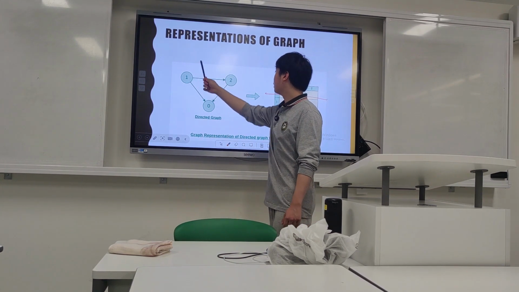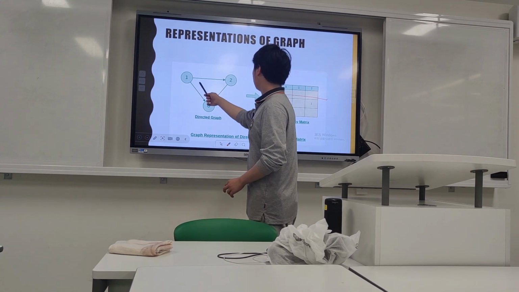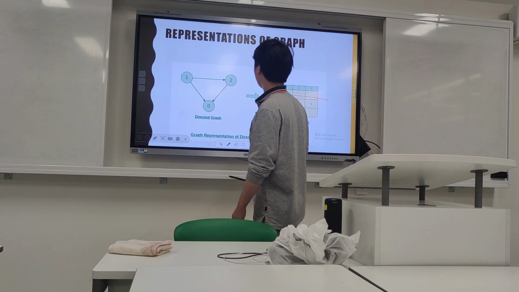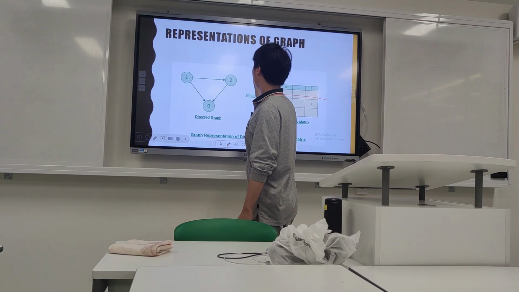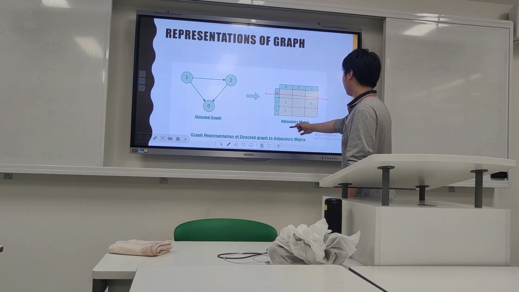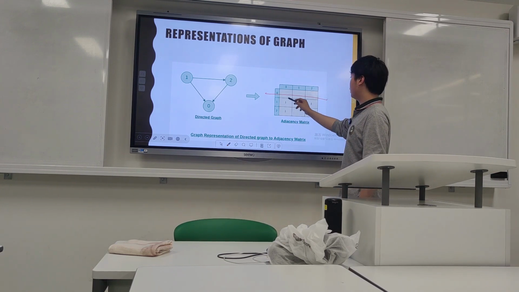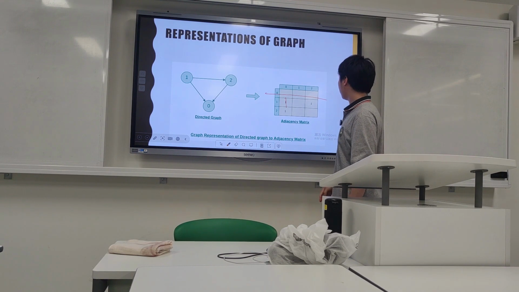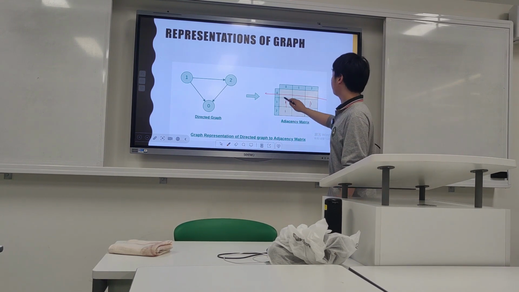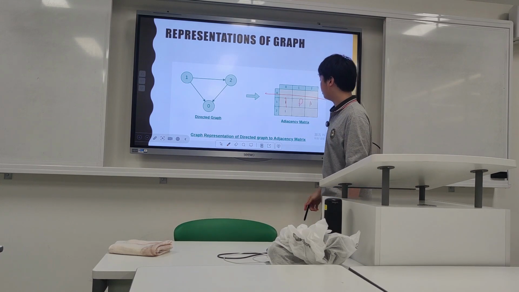Then we check node 1. Node 1 points to 2 and 0, so you can get from 1 to node 2 and node 0. Inside the adjacency matrix, [1][0] will be 1 because there is an edge, and [1][2] will also be 1. Node 1 cannot point to itself, so that will be 0.